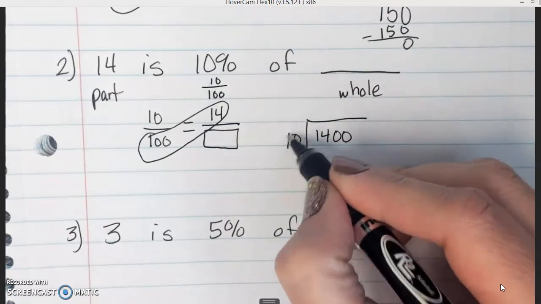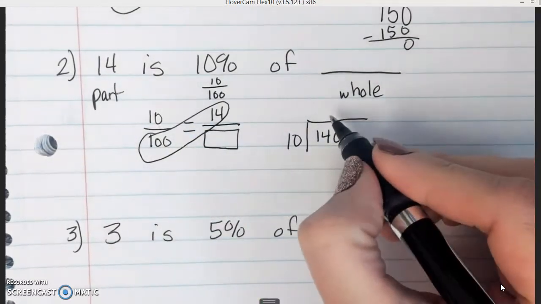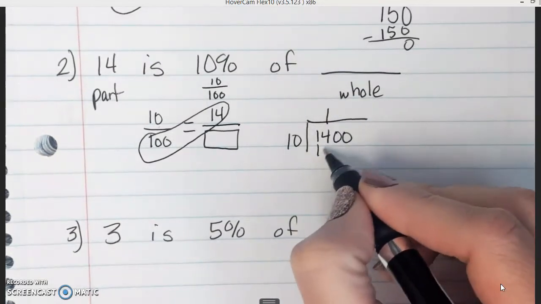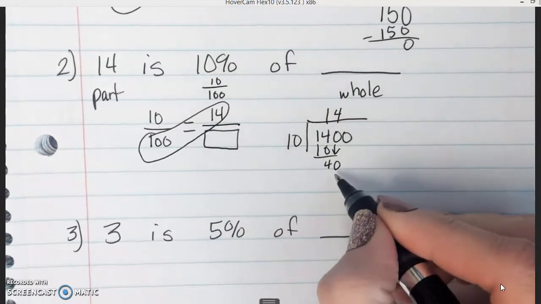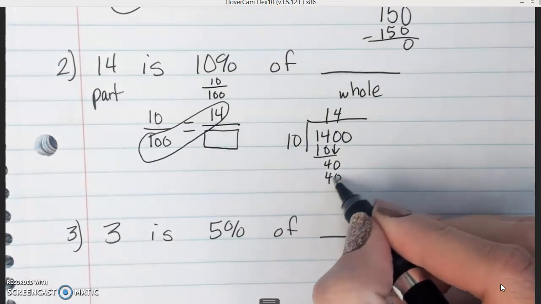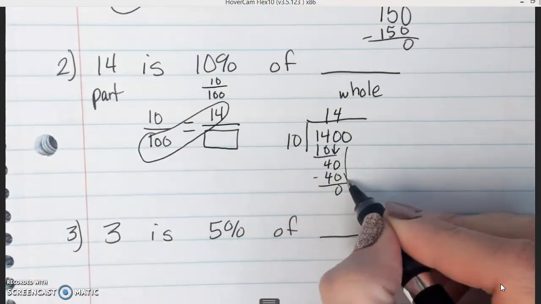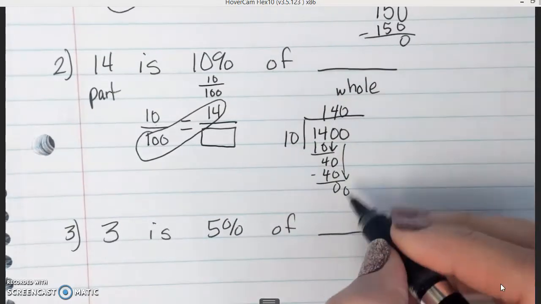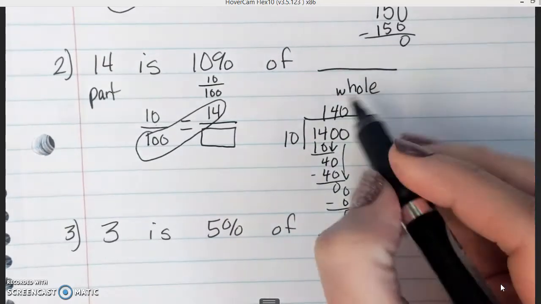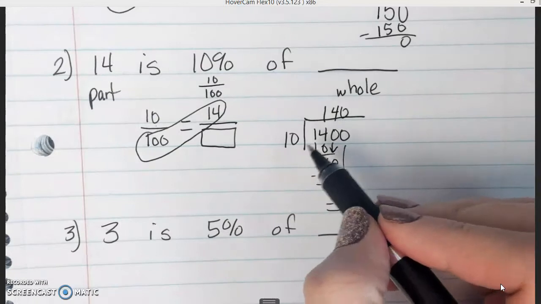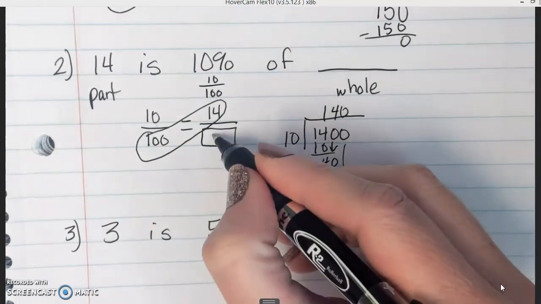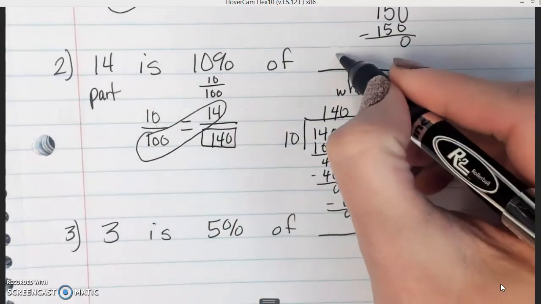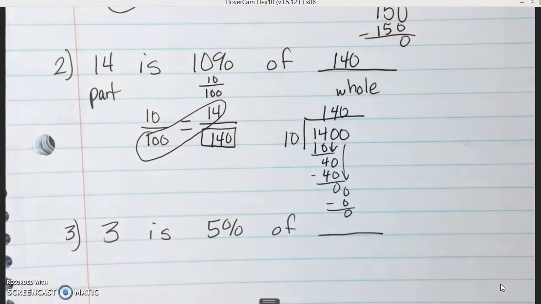We're going to divide by the 10 here. You may not have had to divide that out if you just know that if you take 1,400 and divide it by 10, you're going to end up getting 140. So our answer would be 140.